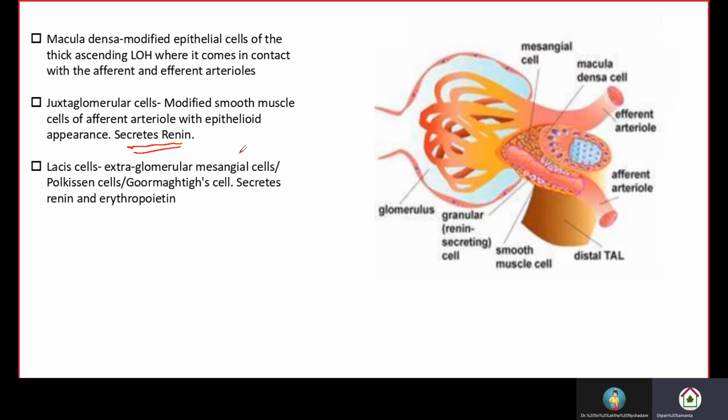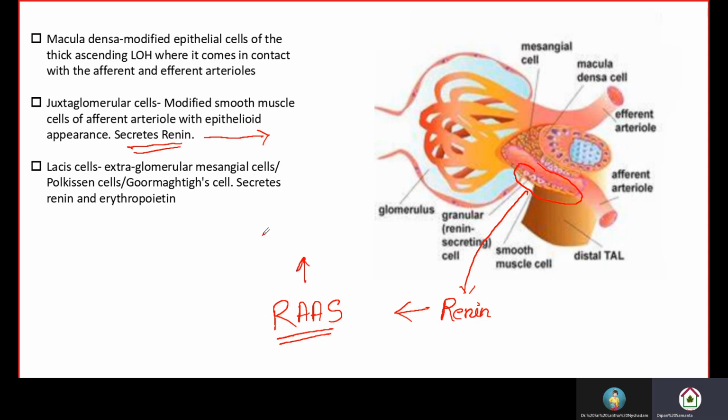These cells secrete renin, and take part in RAS, the renin angiotensin aldosterone system. What does it do? It increases BP, right? How? By reabsorption of sodium and water.